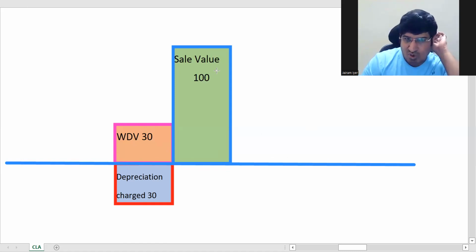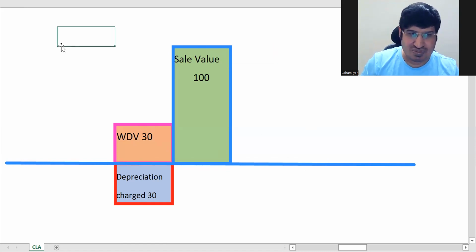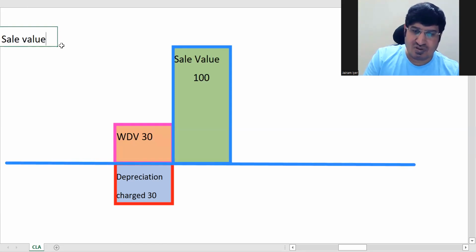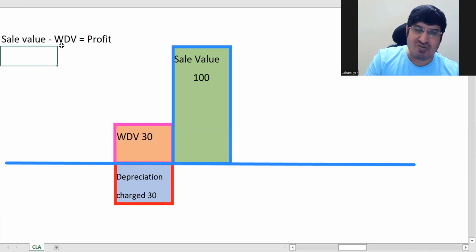So your sale value minus WDV is your profit. In this case, 100 minus 30 is equal to 70. 70 is the profit, correct?